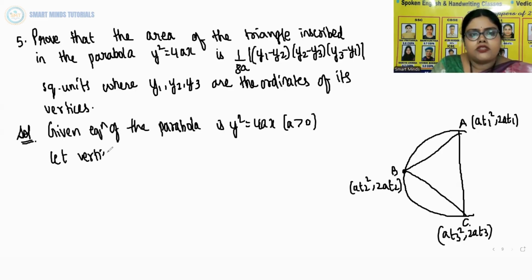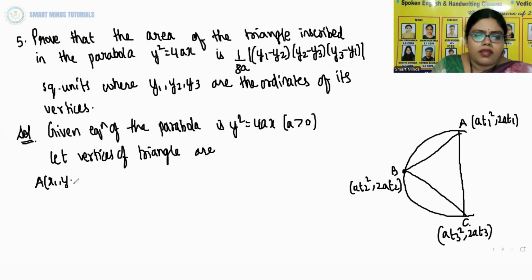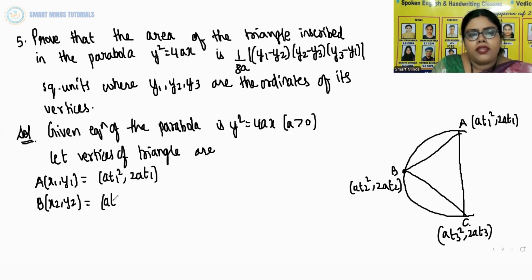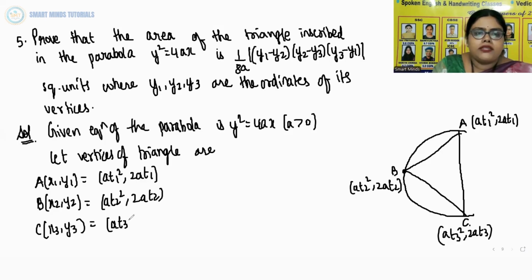Let the vertices of the triangle be A(x1, y1), that is equal to (at1 square, 2at1), B(x2, y2) equal to (at2 square, 2at2), and C(x3, y3) equal to (at3 square, 2at3).